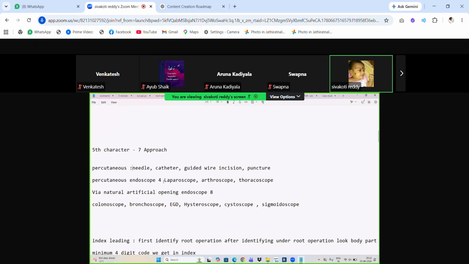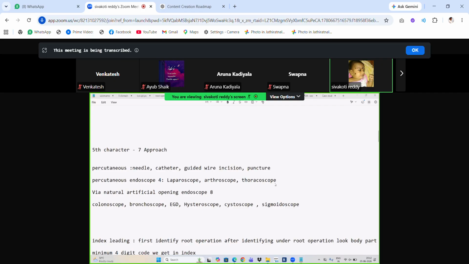If you find any procedure performed using these scopies, we need to consider it as percutaneous endoscopy: laparoscope, arthroscope, thoracoscope. Guys, noted the scopies.